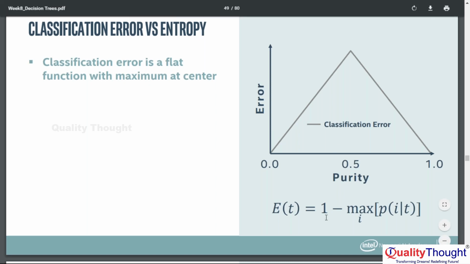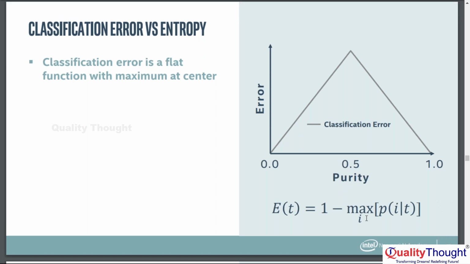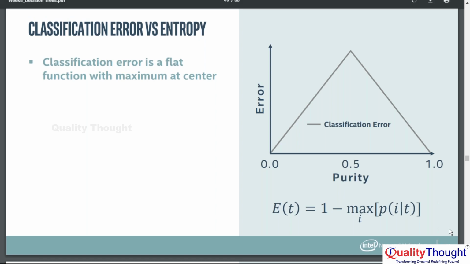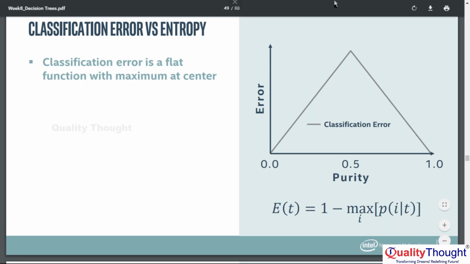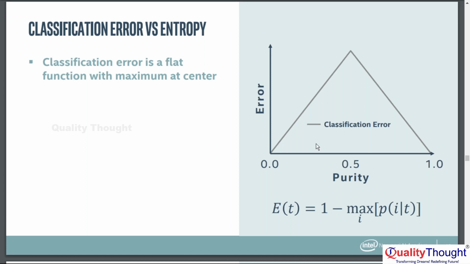Take a look at this one: 1 minus max of p of i. Means you are going to take one single value, and you could see the classification error is looking something like this. If you take a plot between the purity and the error, this is how it is going to look like.